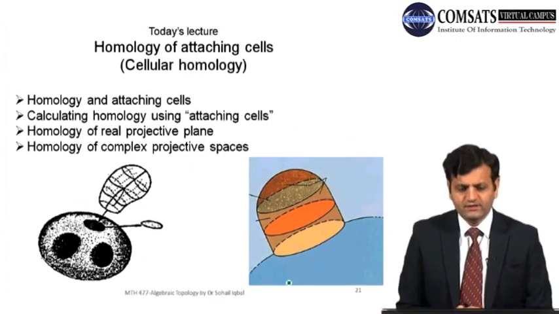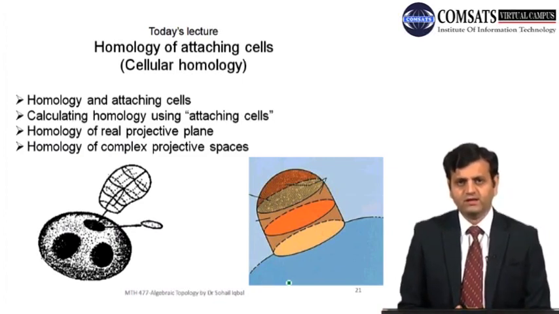In today's lecture we have seen an important result and its corollary, which helps us in calculating the homology of attaching cells. After attaching cells we obtain some topological spaces, and the homology of those spaces is easy to calculate if we know this theorem and its corollary. Using that, we calculated three important examples: the first helped us calculate the homology of the real projective plane, then the three-dimensional real projective space, and then we continued to calculate the homology of complex projective spaces.